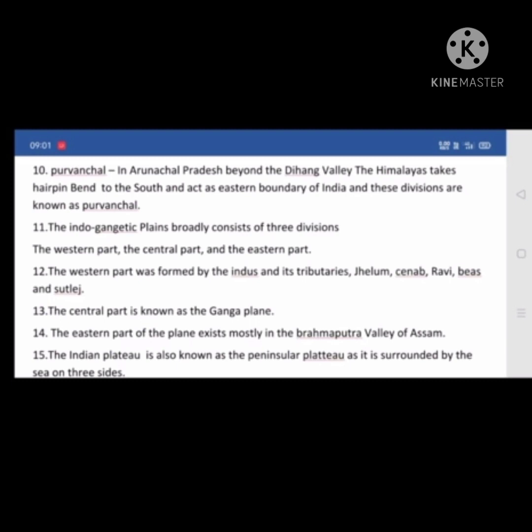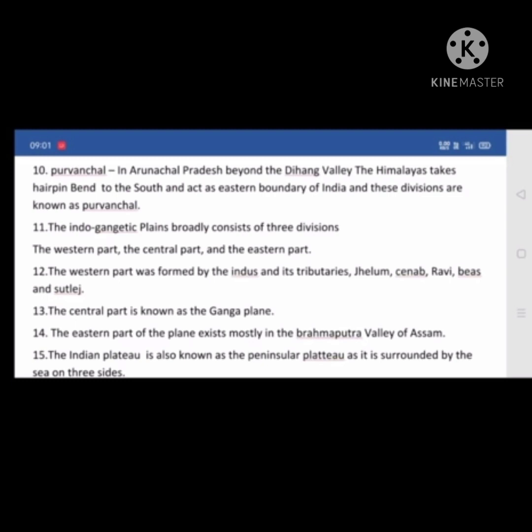Next, the valleys lying between the Lesser Himalayas and Shivalik ranges are called duns. Example, Dehradun, Kotlidun and Patlidun.